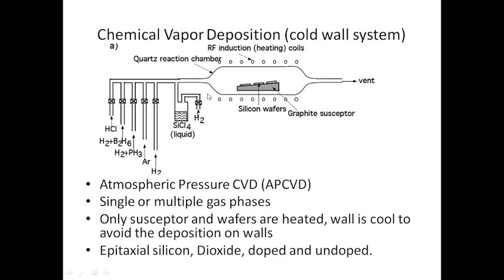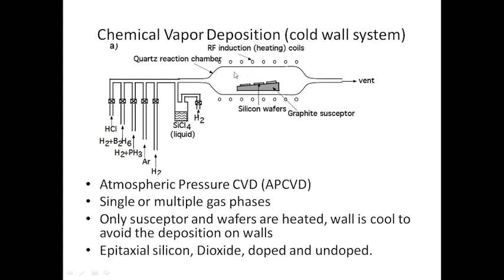We may sometimes have to deposit even silicon on the silicon surface, where you want a very good silicon of the desired property. So we have many other gases which are going to carry these constituent materials coming in the form of gas.